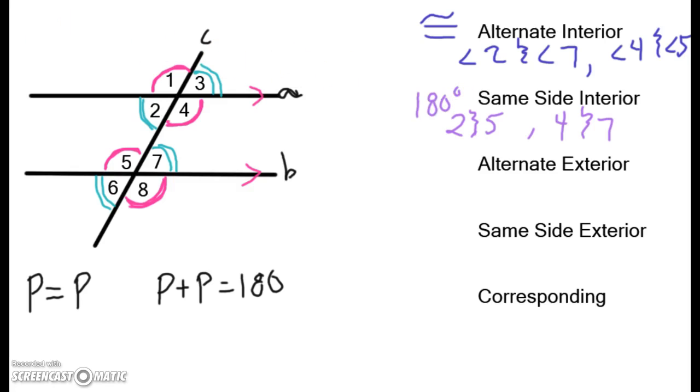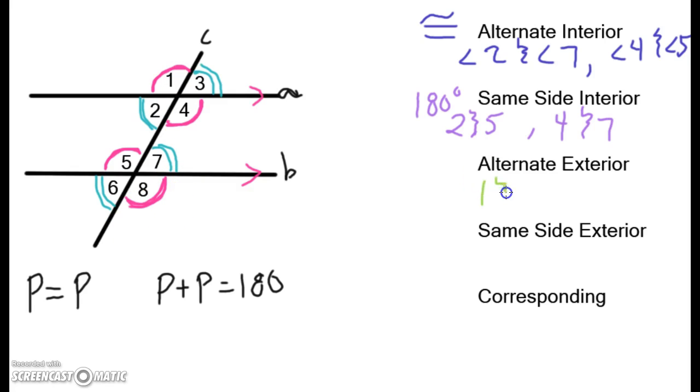All right, let's switch colors again. Well, that's bright. Okay. Alternate exterior. Alternate means one's going to be on the left, one's going to be on the right, and exterior means they have to be outside of the parallel lines. So for instance, I've got 1 that's on the left and outside, and 8 that's on the right and outside.